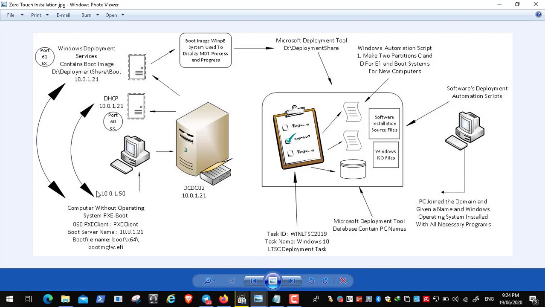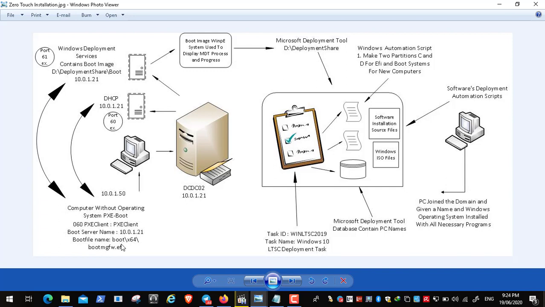After the workstation gets the IP address, it will go into a mode called PXE boot. This is a kind of system, not like Windows, but it is a system. When the workstation begins booting with this system, the DHCP gives this PXE boot system some information: something called PXE client, the IP of the Windows Deployment Services server, and the boot file.